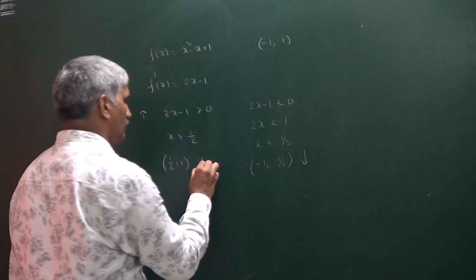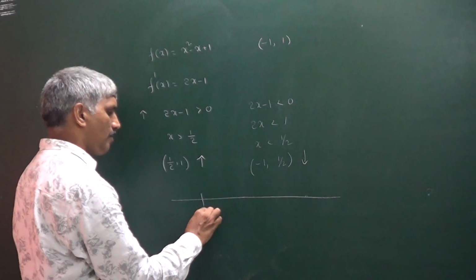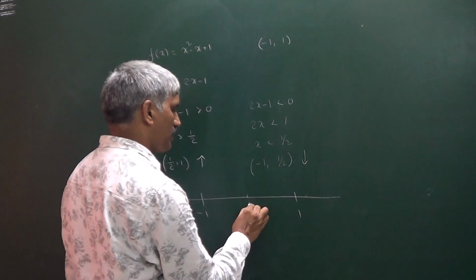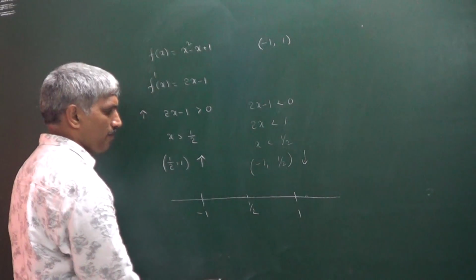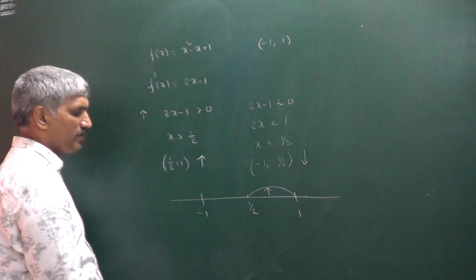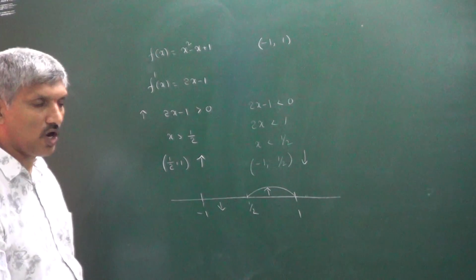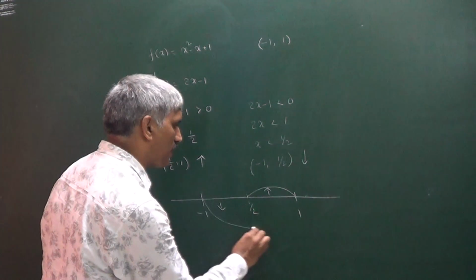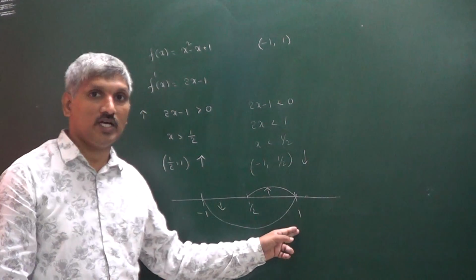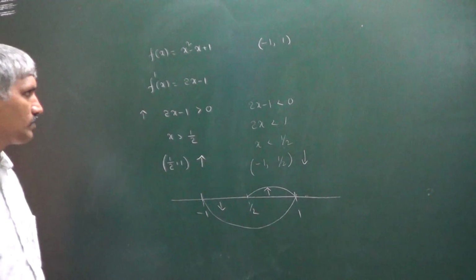In this interval the function is strictly increasing. What he is asking, between minus 1 and plus 1, somewhere here 1 by 2 is there. Between 1 by 2 to 1 we got an increasing function. Between minus 1 to 1 by 2 we got a decreasing function. Now what can you say in the entire interval? From minus 1 to 1, the function is neither increasing nor decreasing.